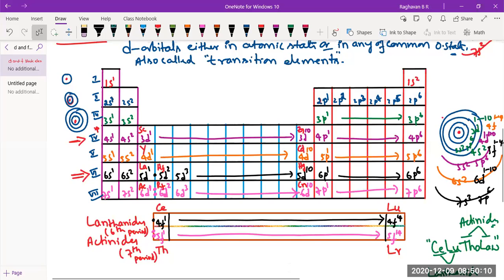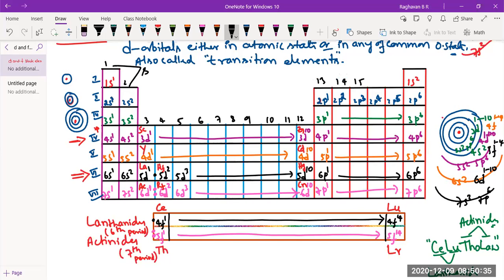Now I'll just mention the blocks here. The first two groups are the S block. Let me number the groups: 1, 2, 3, 4, 5, 6, 7, 8, 9, 10, 11, 12, 13, 14, 15, 16, 17, 18.